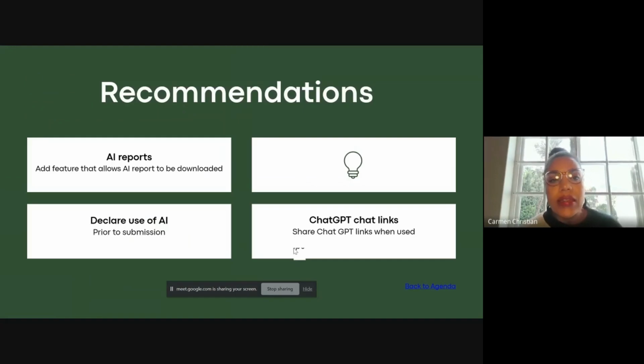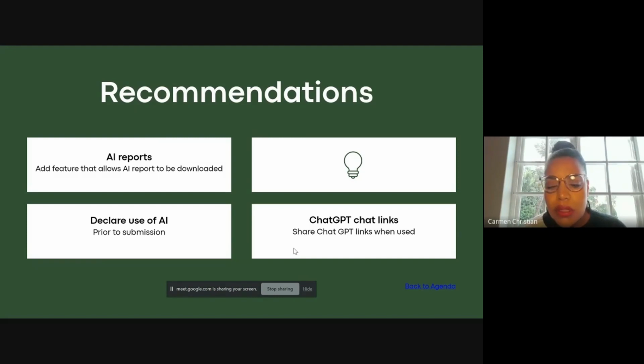So, this leads me to some of my recommendations. They are short and sweet. I really would like others to also put forth some of their recommendations. But something basic, like both Turnitin and Copyleaks adding a feature for us to download these AI reports, that would be very useful.